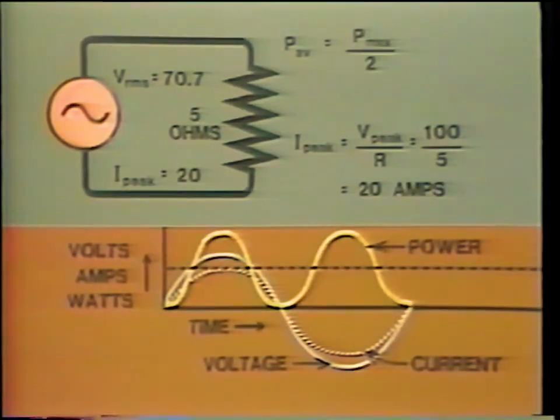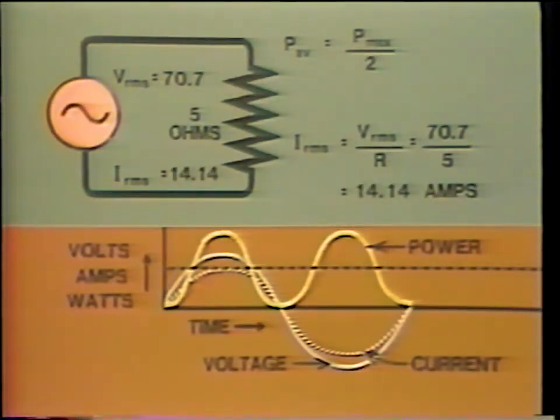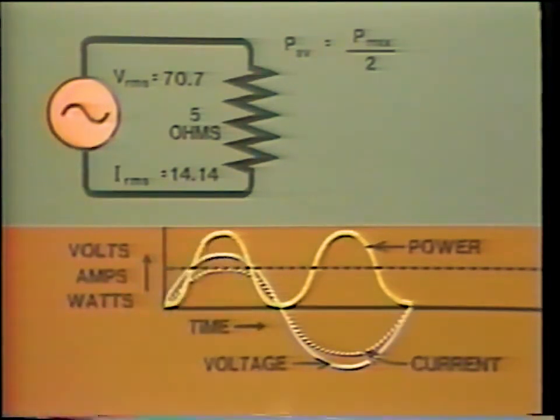RMS current could also be calculated using RMS voltage. RMS voltage divided by resistance is equal to 70.7 volts divided by 5 ohms, which equals 14.14 amps RMS. Let's now see what the peak value of the power wave is.